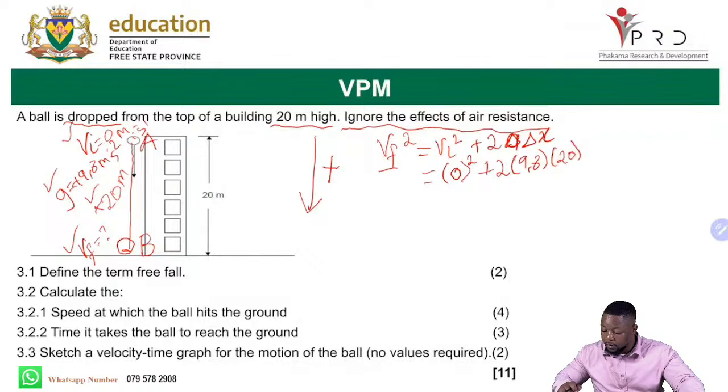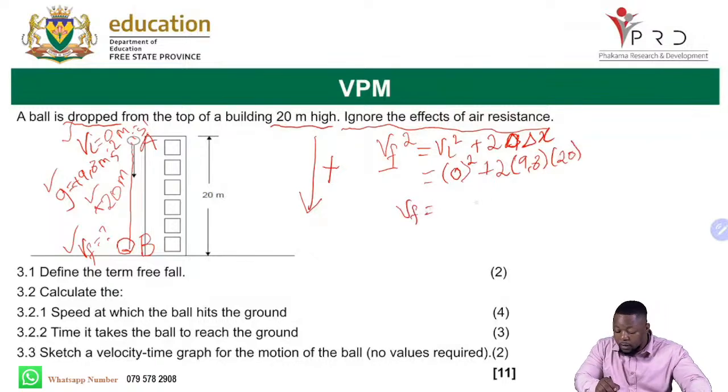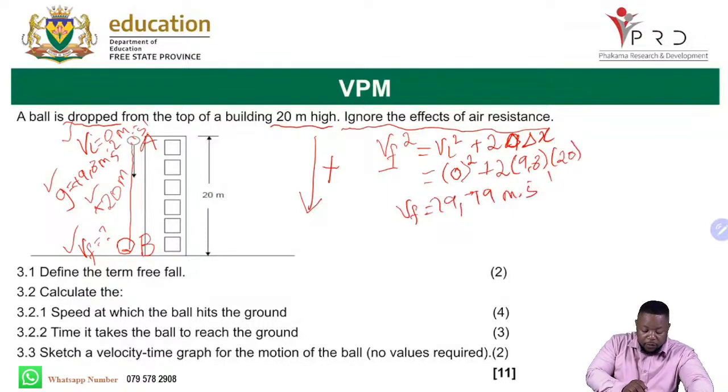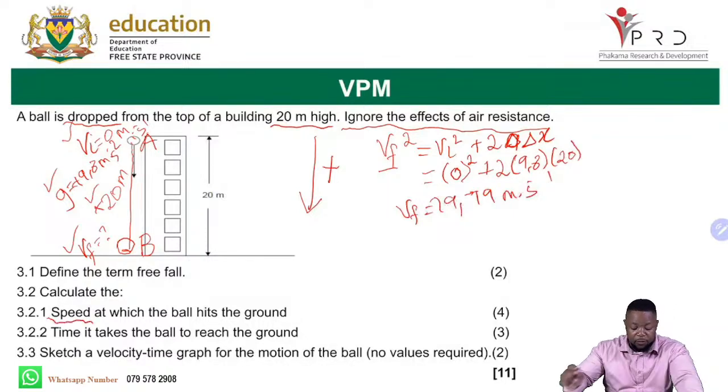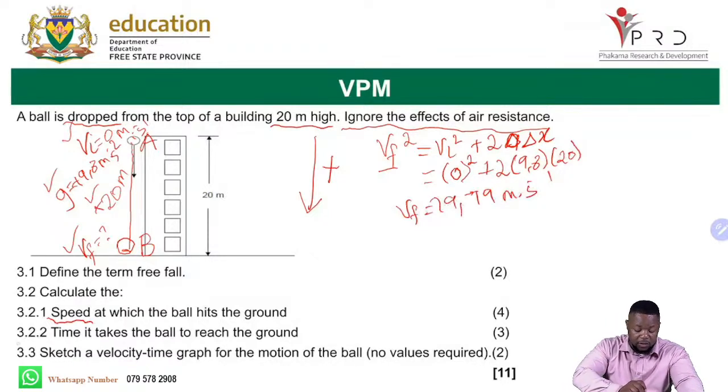So the answer that we're getting should be 19.79 meters per second. The question said speed. So because the question said speed, there is no need for us to indicate whether it's going upwards or going downwards. Then the next question says, calculate the time it takes for the ball to reach the ground.